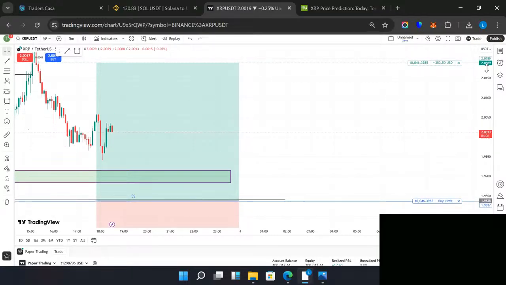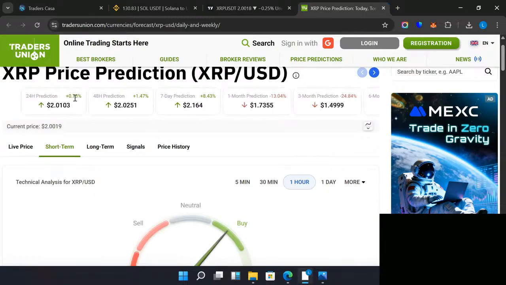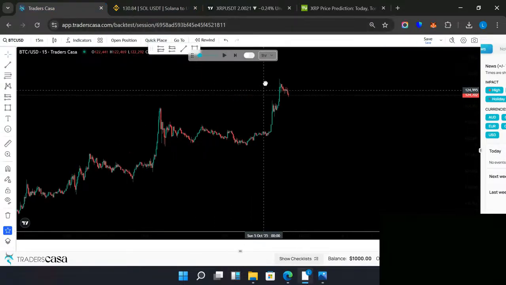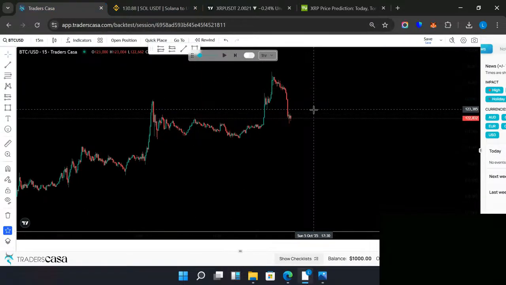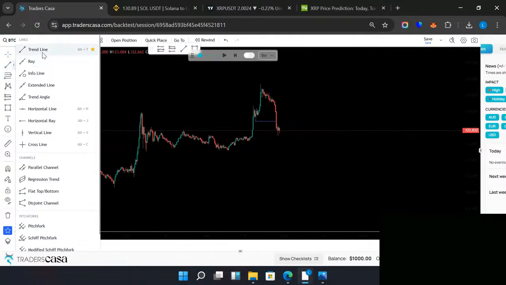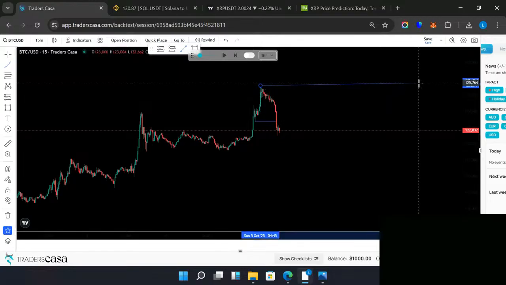So 2.0189. Let me look at 1.189 it was. So 10 it is here. So we might be right. Just right, I would say. Now we have a market shift, I think, over here. Yes, we have it right over here. Now what we do is we wait for the kind of liquidity sweep now. Perfect. So we wait for this to be swept.